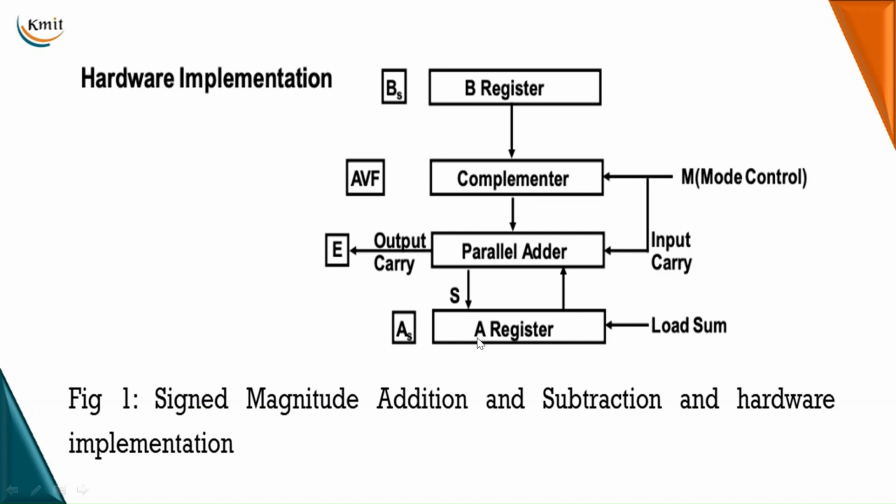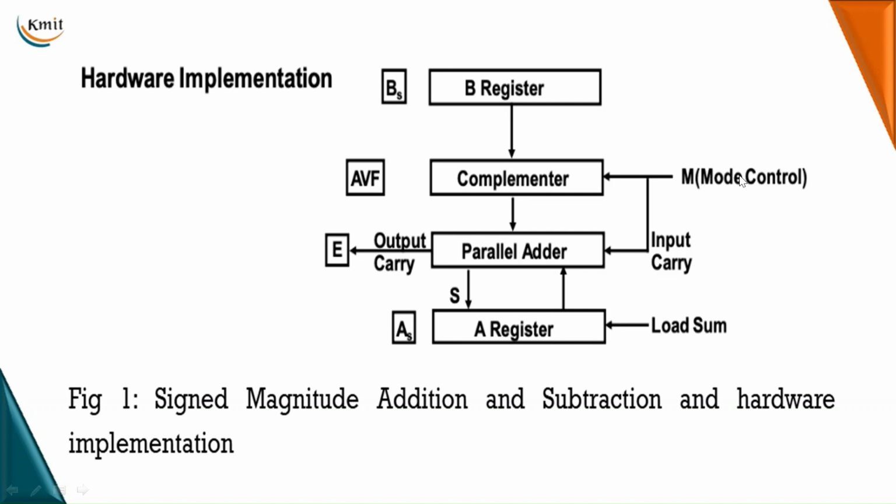Coming to the mode bit, when the mode bit is set to 1, the complementer will perform the 1's complement of B, which is applied to the adder, and the input carry is 1. If I have to perform A minus B, I can write it as A plus 2's complement of B. For 2's complement, I have to perform 1's complement plus 1.